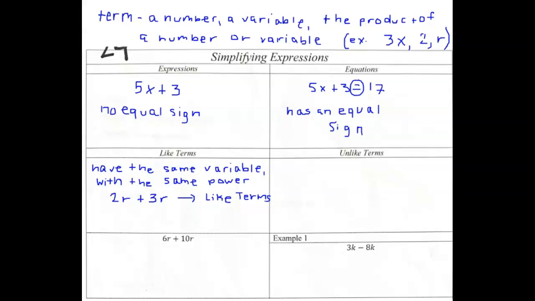Now, I go to the other box. Here we go. I'm under this term called unlike terms. Well, unlike terms would have either a different variable, or the same variable but different powers.